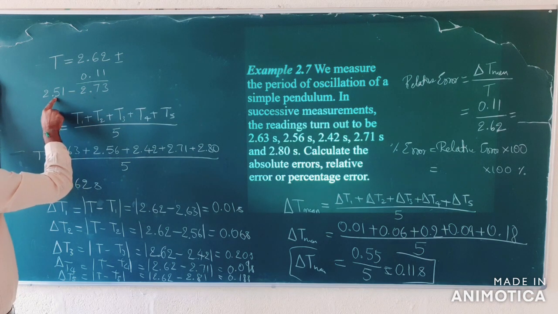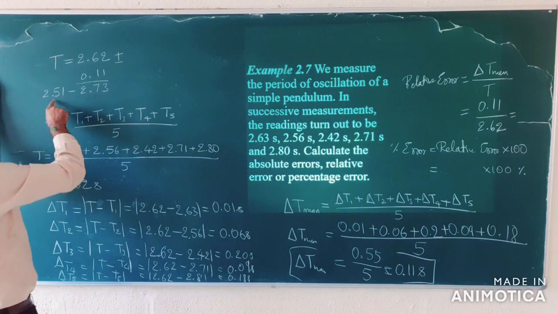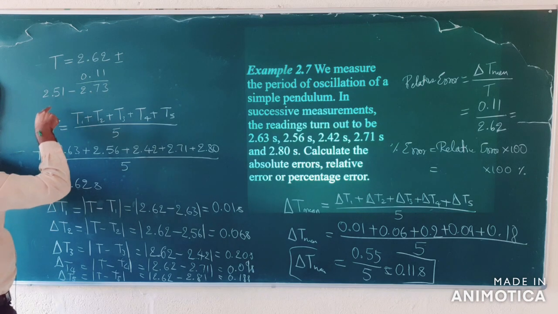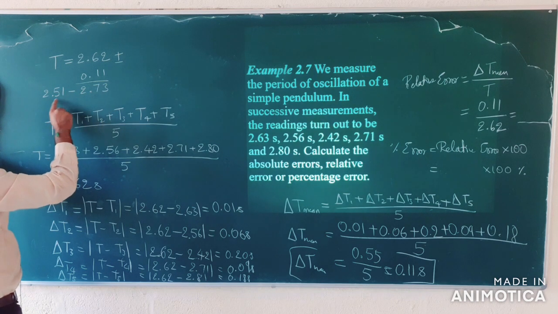The first decimal place of the measurement, or of the range of the measurement after applying the error, is 5 here and 7 here, which is varying from 5 to 7.